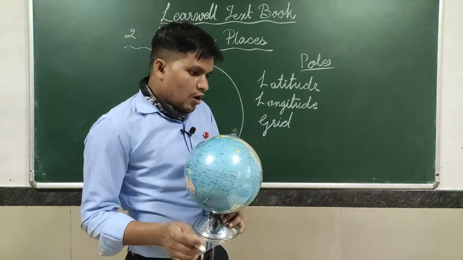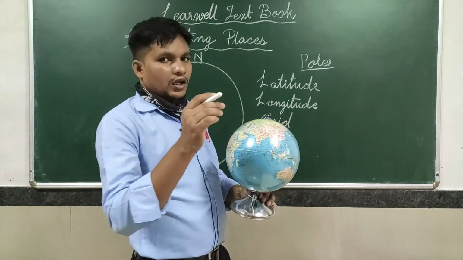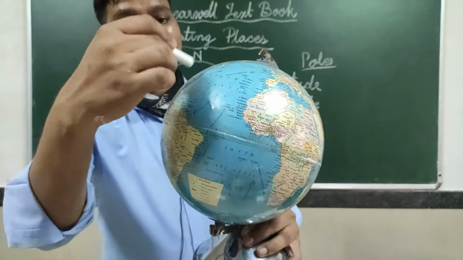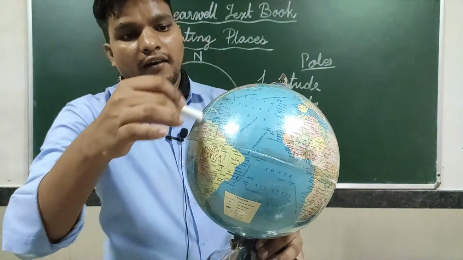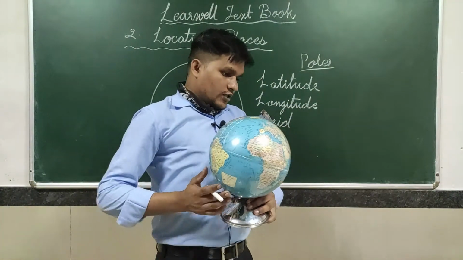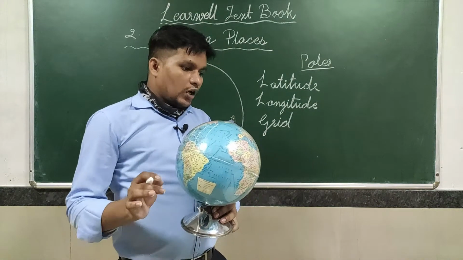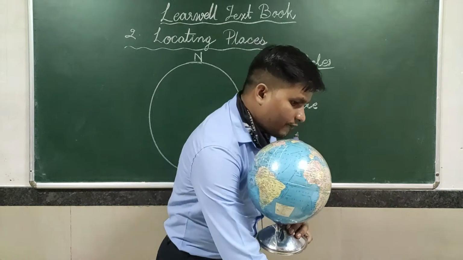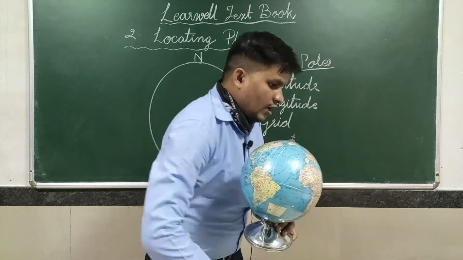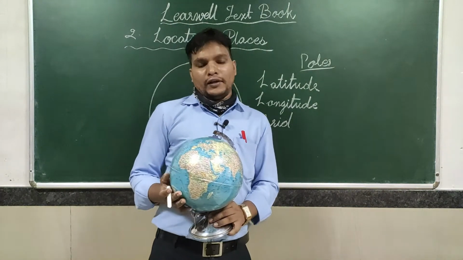Next point is, on a globe we can also see a number of lines. I think it may not be visible, but I am trying to express. Number of lines like this are present. These are all imaginary lines drawn on a globe that make it easier for us to locate any place on it.